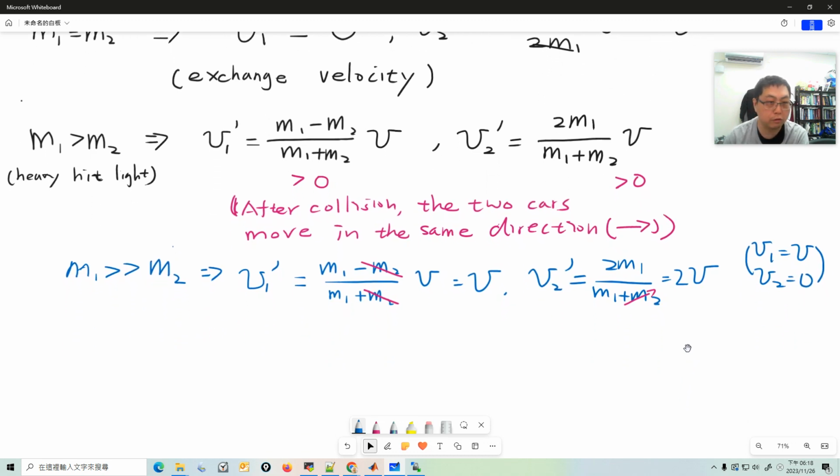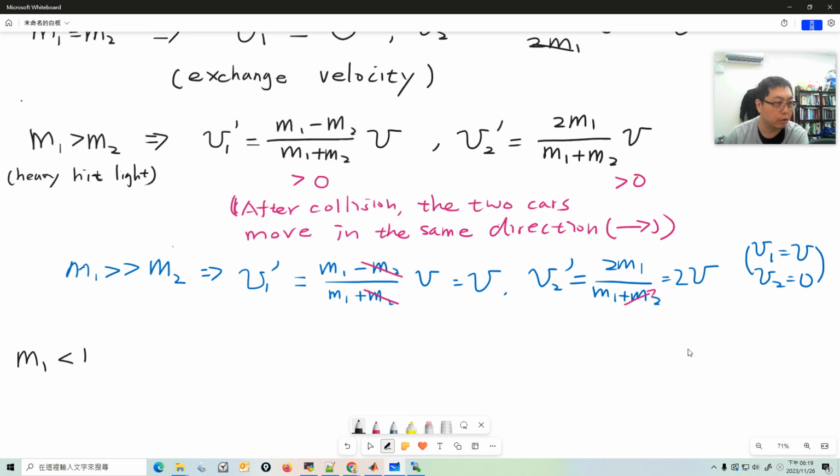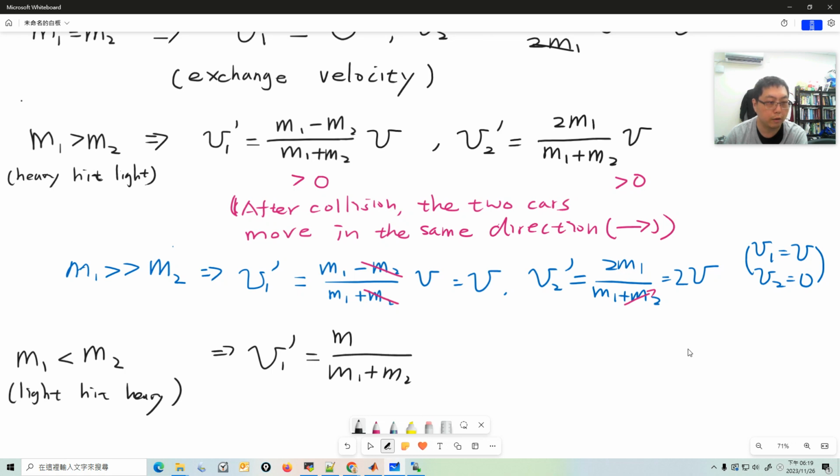Another situation: what if M1 is smaller than M2? That means a light car hits a heavy car. What will happen here? V1 prime is equal to (M1 minus M2) over (M1 plus M2) times V, just the same thing.